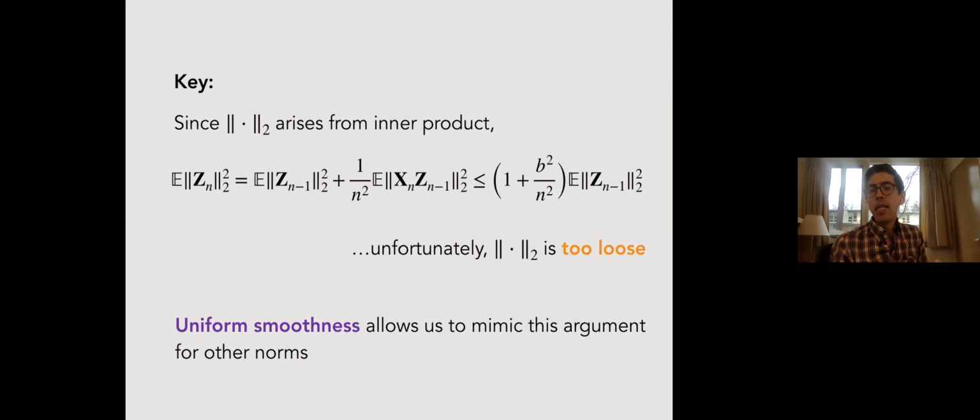The insight is that a concept from the geometry of Banach spaces known as uniform smoothness allows us to mimic this argument in other norms, even ones that don't arise from an inner product. That's the only non-trivial piece of this puzzle: to use this idea of uniform smoothness, which I'll now define, to mimic this argument in norms other than the 2 norm.